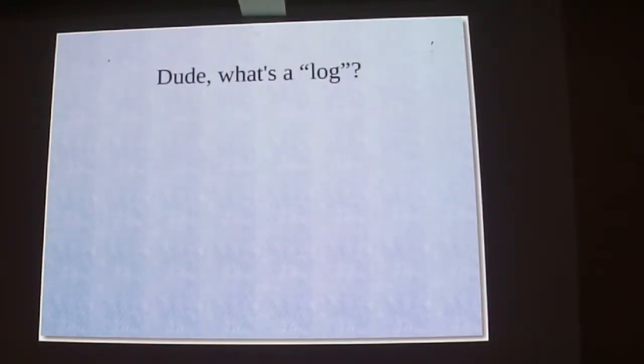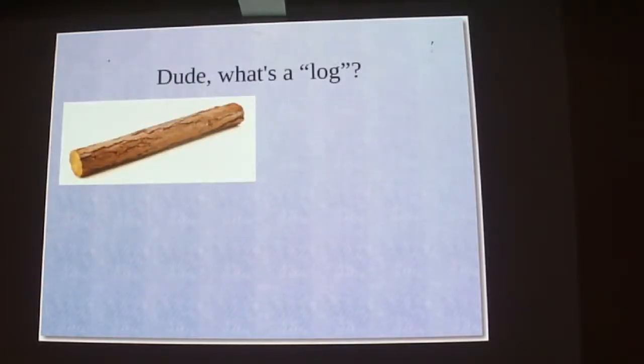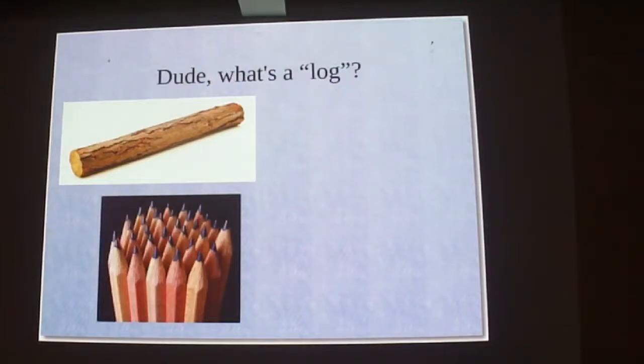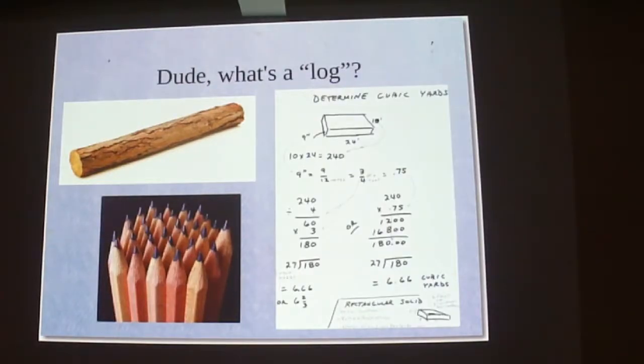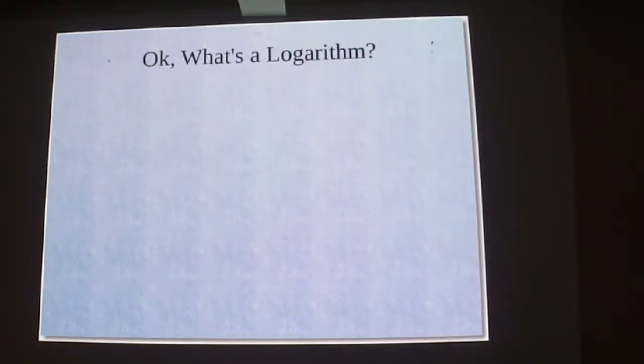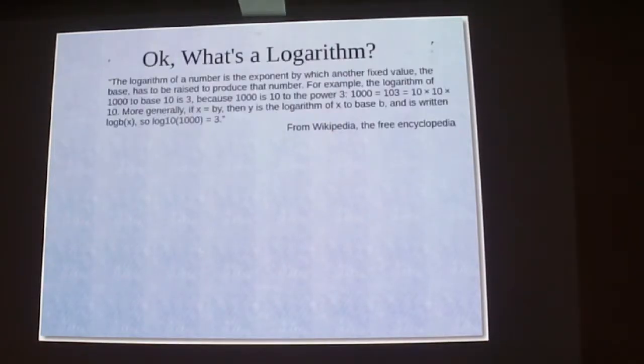What's a log? Okay, so logs are good, and properly configured, you can actually compute with them. Now, this may not be quite as automated as people want, but you can compute with logs. A log is a logarithm. What's a logarithm? Well, you look up Wikipedia, and it has a nice concise definition: the logarithm of a number is the exponent by which another fixed value must be raised. Okay, ignore all that.